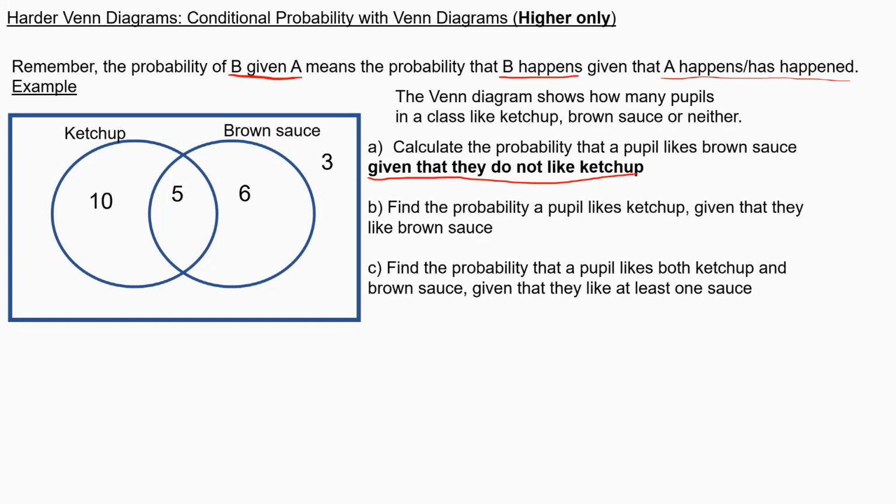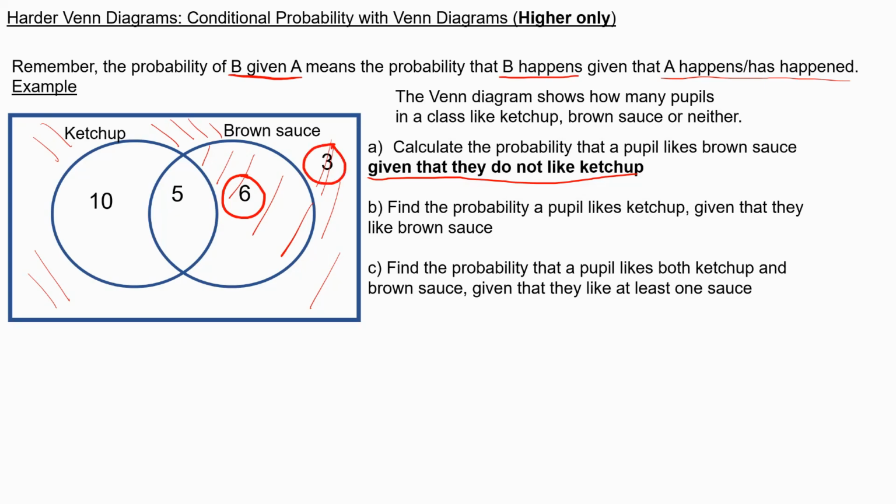Now, to do this, I'm going to look at my Venn diagram and focus on the part of the Venn diagram which says that pupils do not like ketchup. This is going to be everywhere outside of the ketchup circle. So that includes all of this: the 6 pupils who like brown sauce but not ketchup and 3 pupils who like neither.